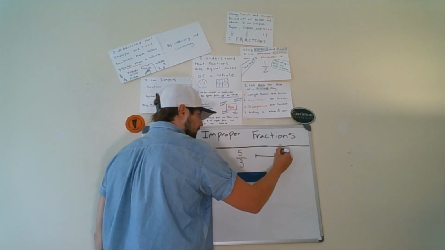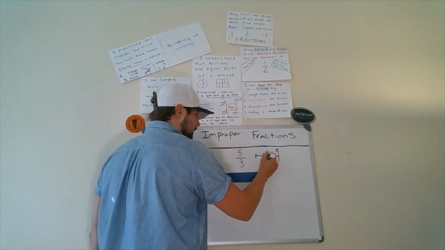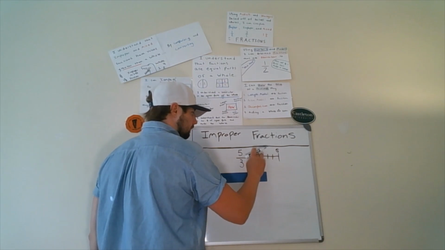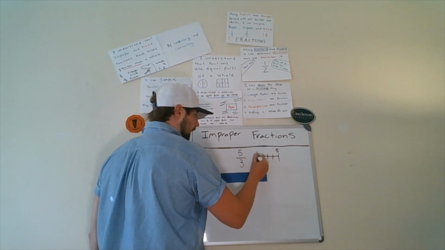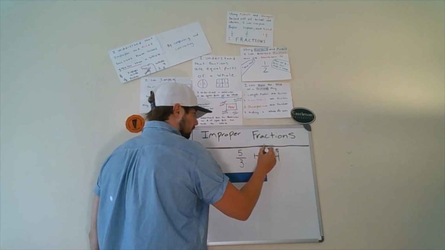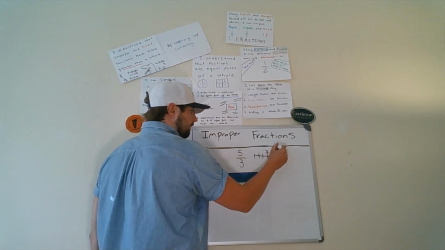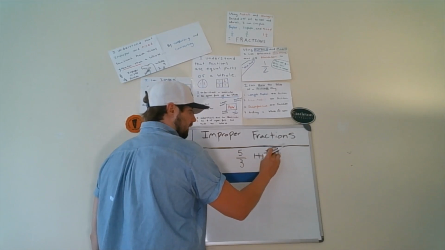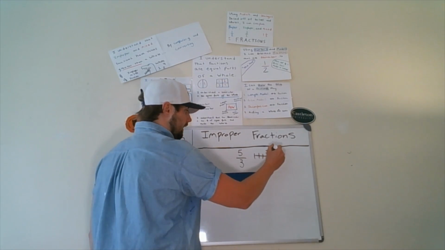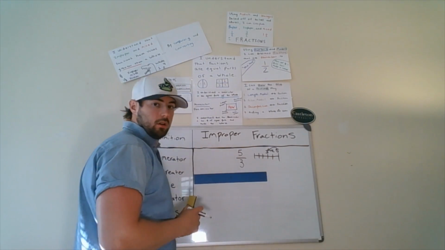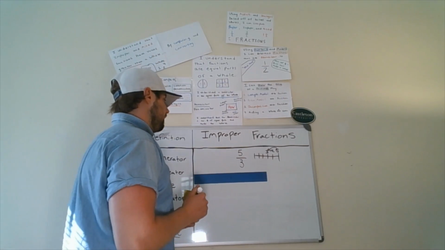If I had a number line here up to 5, I know 1, 2, 3. 5 is greater than 3. It is 2 greater than 3.